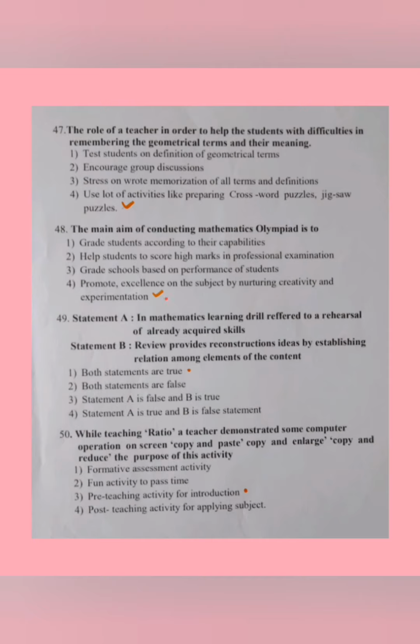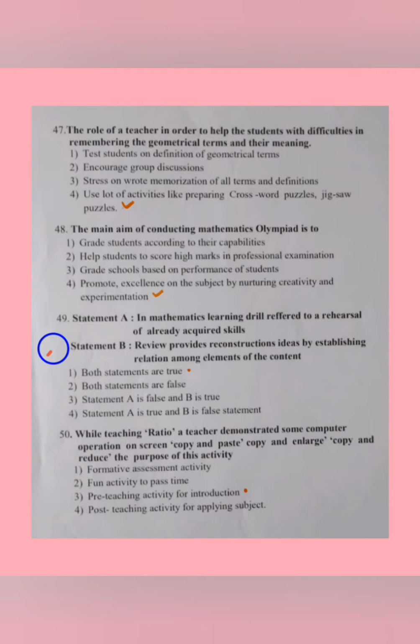The answer is clearly child oriented: promote excellence in the subject by nurturing creativity and experimentation. That is the aim of the mathematics Olympiad. Not just to grade the students according to capability, not to help them just score marks, and not to grade the school.